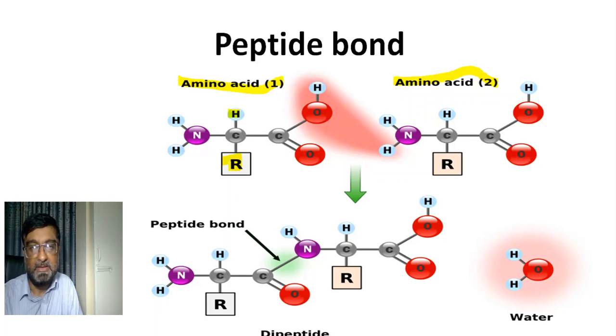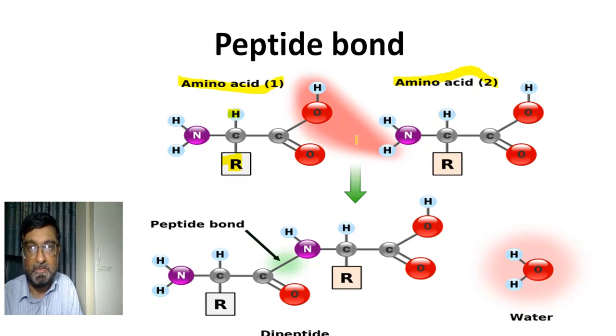So when these two amino acids join together, what happens? This is another amino acid with the same structure: COOH on one side, NH2 on another side, H on the third side, and R on the fourth side.